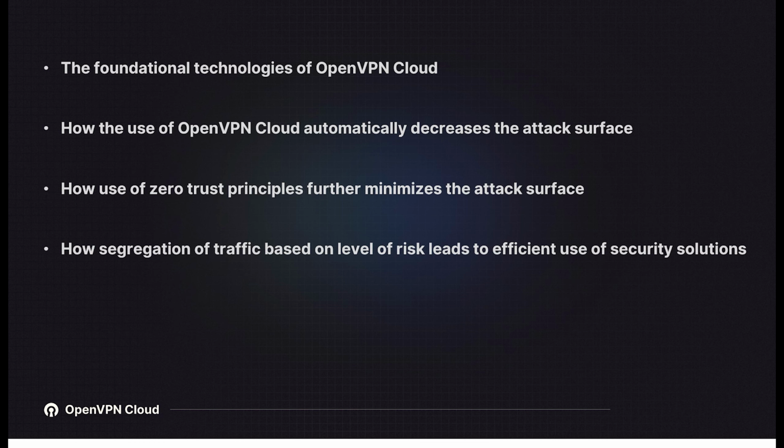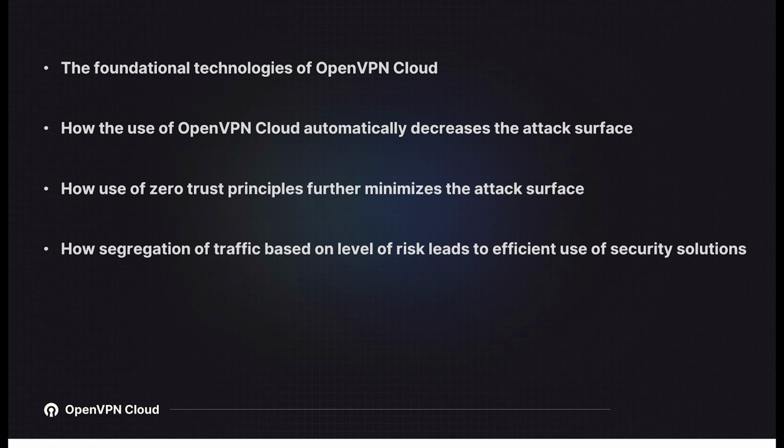Then we talked about how the use of OpenVPN Cloud automatically decreases the attack surface, and how use of zero trust principles further minimizes it. The zero trust security model ensures only the right people have the right level of access to the right resources at the right time. And then we talked about how segregation of traffic based on level of risk leads to efficient use of security solutions.